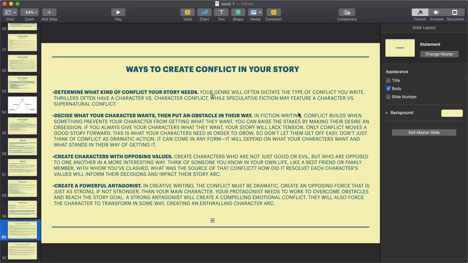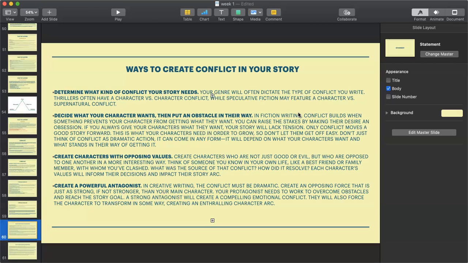In the last part also, almost everyone failed, right? So Thanos is so powerful. So create a powerful antagonist. Then only your protagonist's journey, the fight, will become very, very interesting. So a strong antagonist will create a compelling emotional conflict.